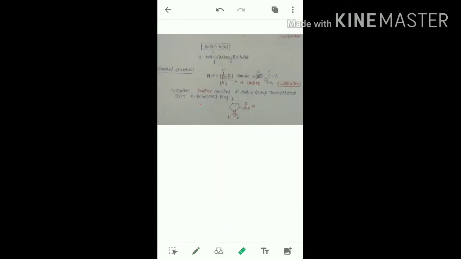Coming to the point, there are 2 types of amino acids: proteogenic and non-proteogenic.